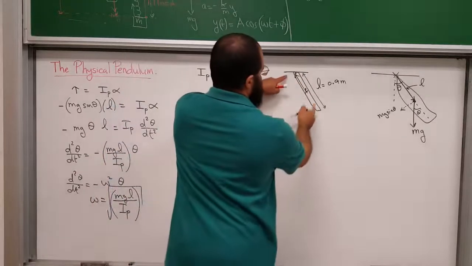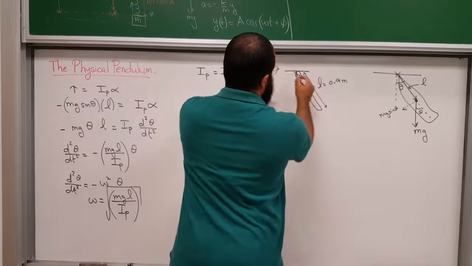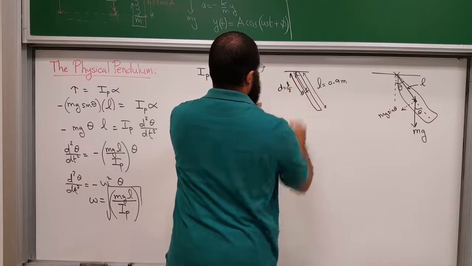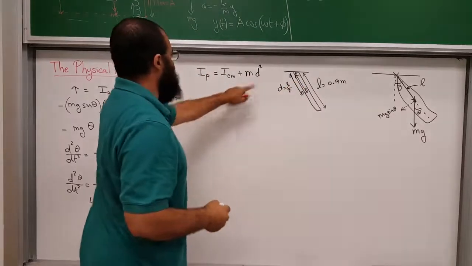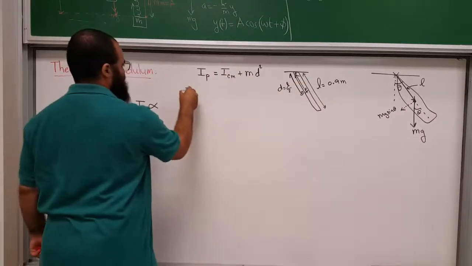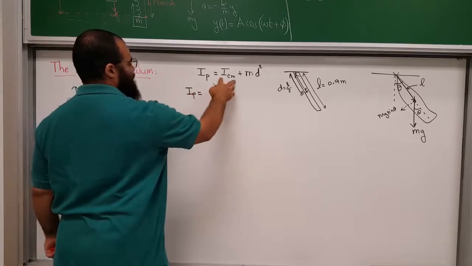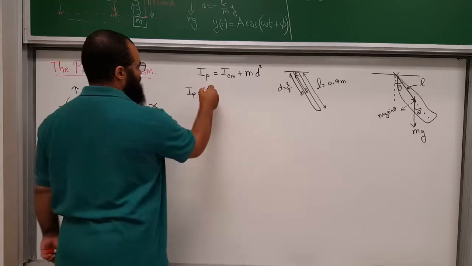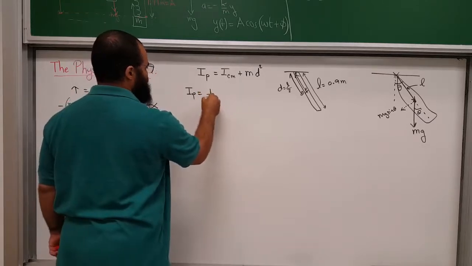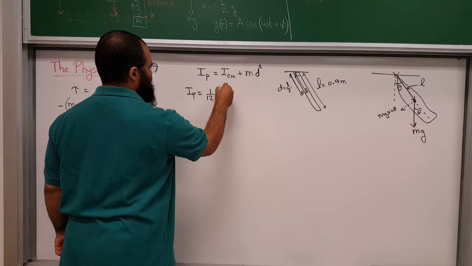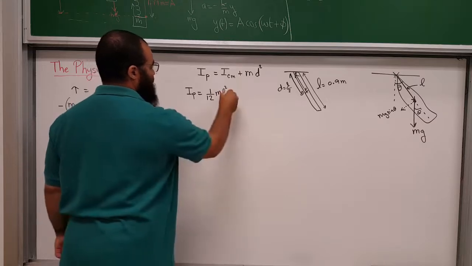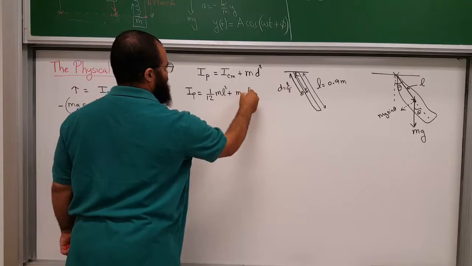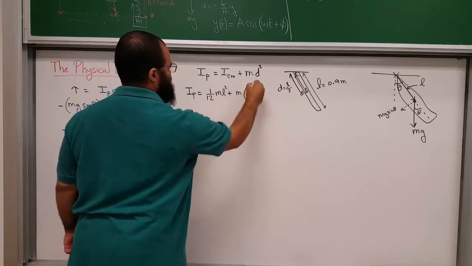Since the leg has length L, d is equal to L over 2. So I'm going to plug in L over 2 here. First of all, what's the moment of inertia for a rod about its center of mass? If you remember, you can look it up. It's 1/12 mL squared, and then plus the mass times d squared, but d is L over 2, and you have to square it.